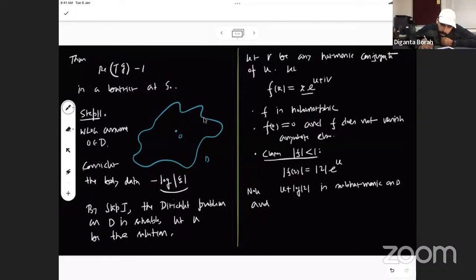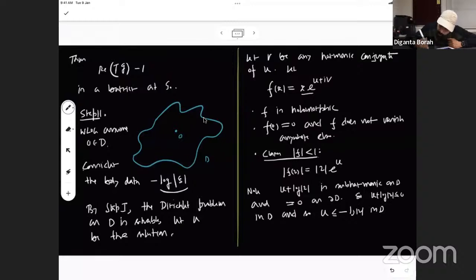On the boundary u takes the value minus log mod z, right? So this is in fact equal to 0 on the boundary of D. So you have a subharmonic function, and on the boundary it is 0. So inside it cannot be more than 0, right? So u plus log mod z is less than or equal to 0 in D, and so u is less than or equal to minus log mod z in D.